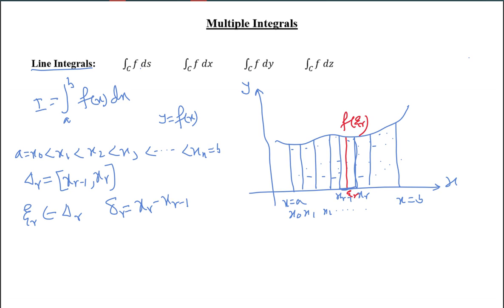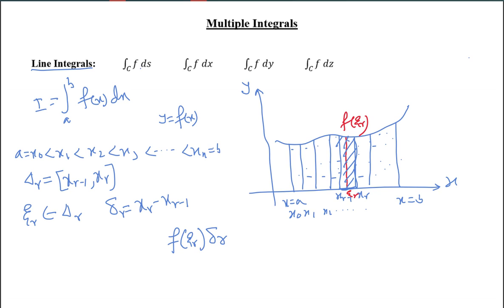So if this interval capital delta r is very small, then you can consider this length as more or less equal to this small delta r. In that case, we write the area of this rectangle as f of xi r into delta r.